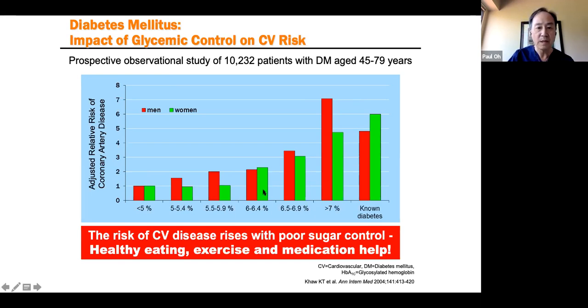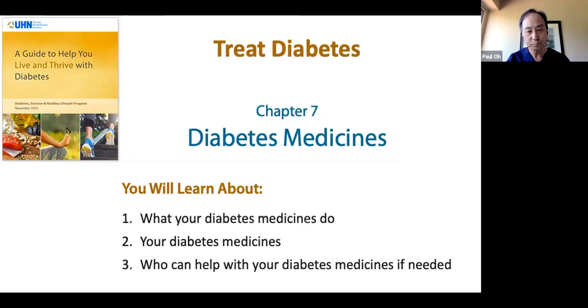Clearly, having a lower A1C is more desirable than a higher level, and high levels of sugar on average will increase the risk of developing heart disease by 4 times or even more. So attention to the sugar is really important. Healthy eating, exercising, and medication will all help in this way.